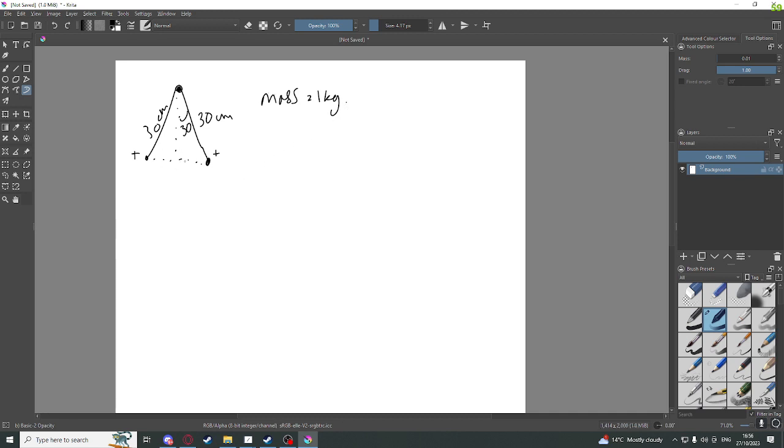If this was the setup, what is the charges of those positive charges? So, what is the charge? So this is Q, this is Q.